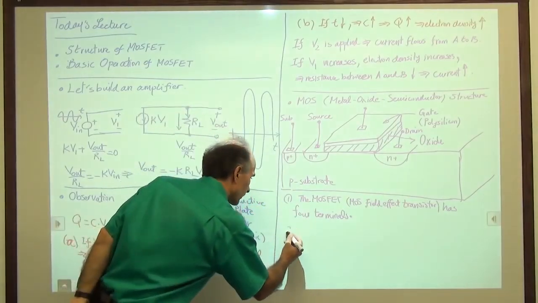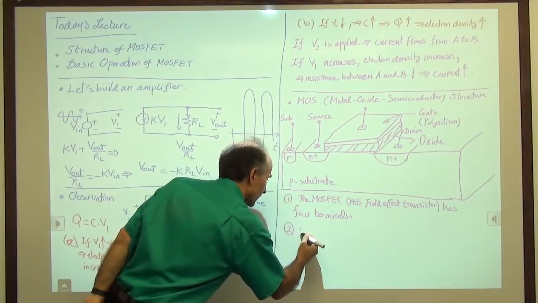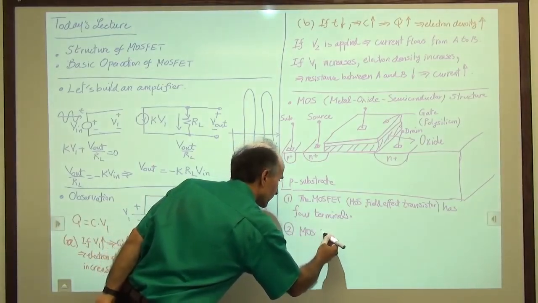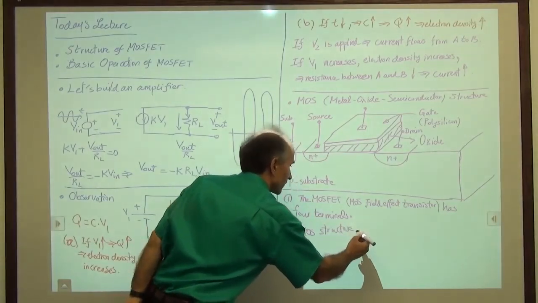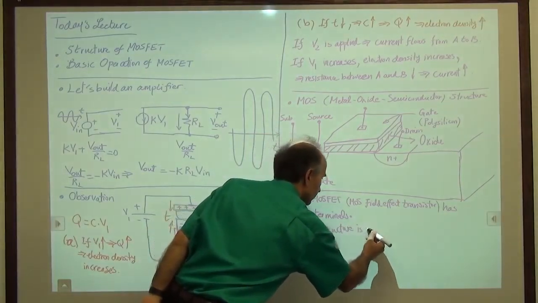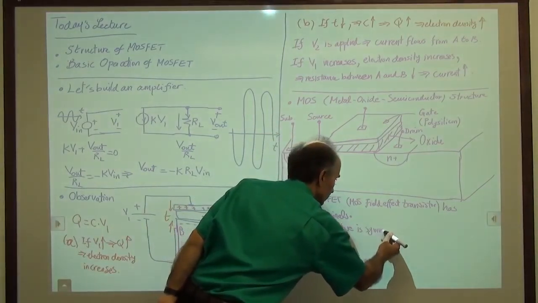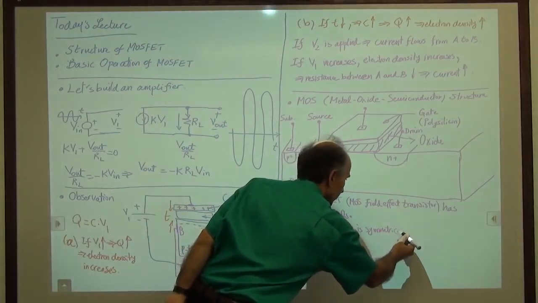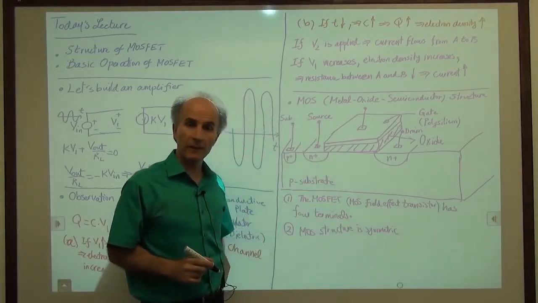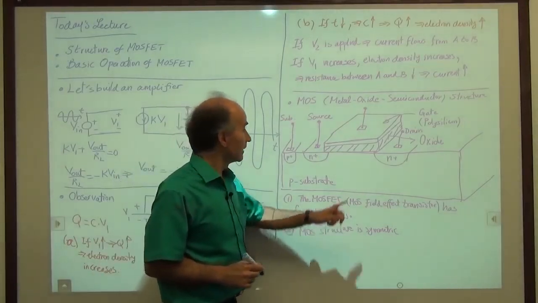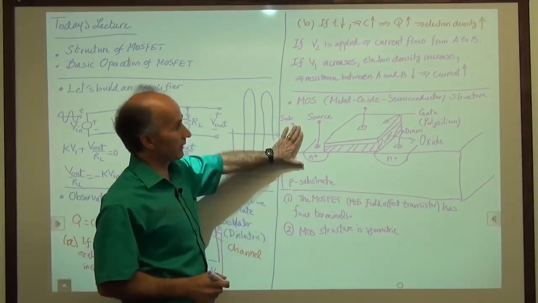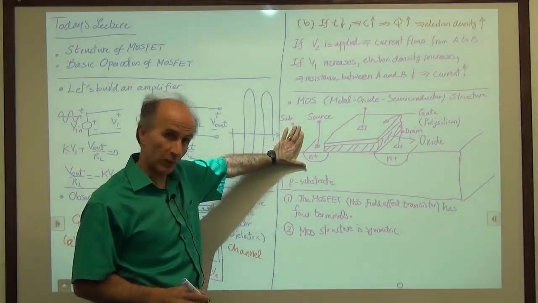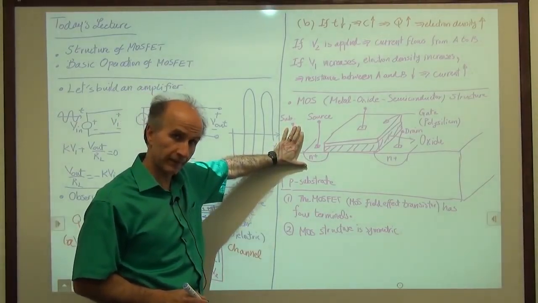All right, the second point that we can see is that the MOS structure is symmetric. By that we mean it's symmetric with respect to source and drain. Here's the source, here's the drain. If you don't worry about the substrate for now, you can see that it's symmetric, right? You cannot tell which one is the source, which one is the drain.